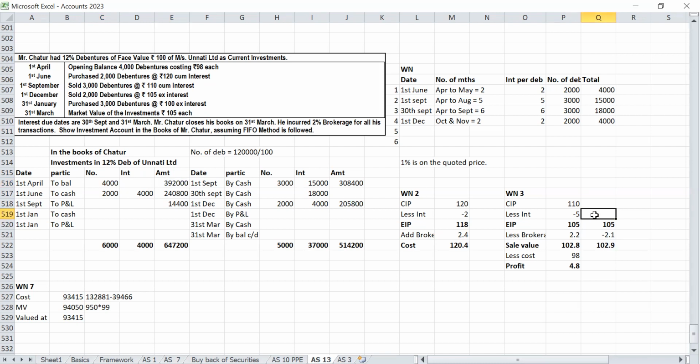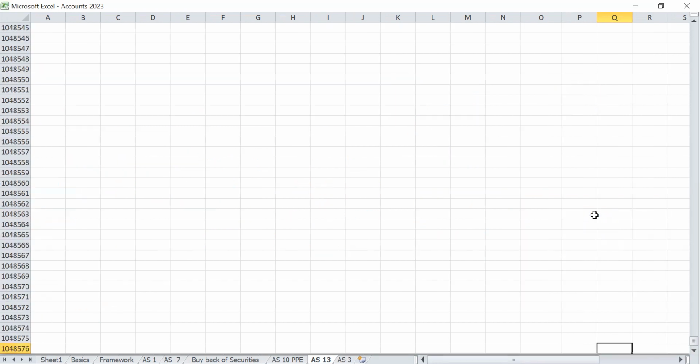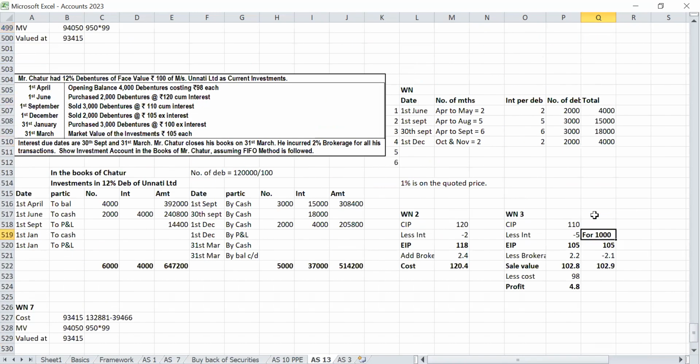So for 1,000 we can take that cost, which is 98. But we are selling totally 2,000 debentures, so again balance 1,000 will be from the 1st June purchase of 2,000. For 1st June purchases, the cost is 120.4. Selling price will be same, 102.9 now, but cost 120.4.